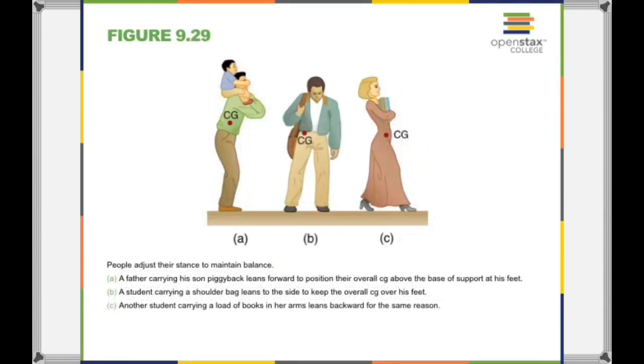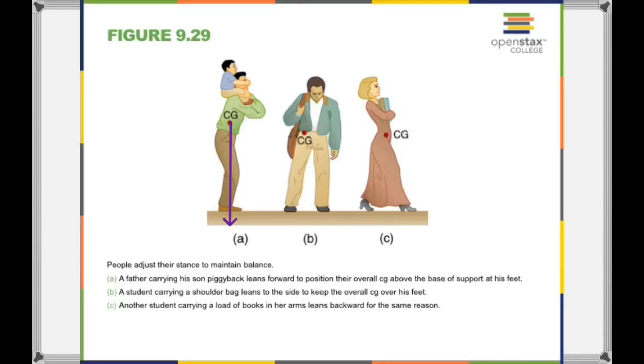These three examples will show that for stability, the vertical line drawn through the center of gravity must lie inside the base. I'm going to draw that. The vertical line drawn through the center of gravity must lie within the base of the object.